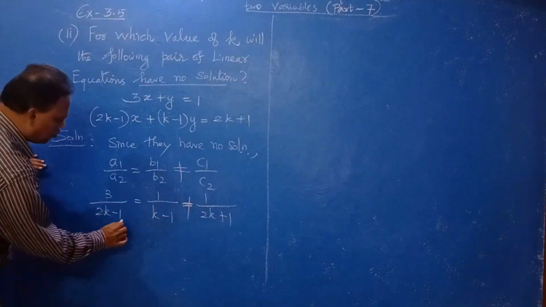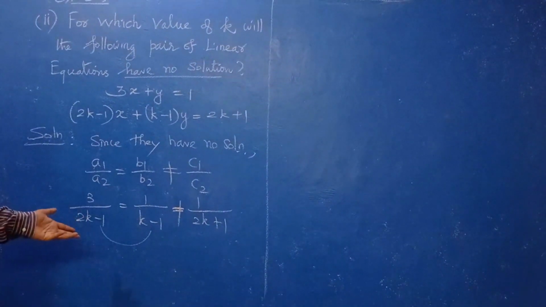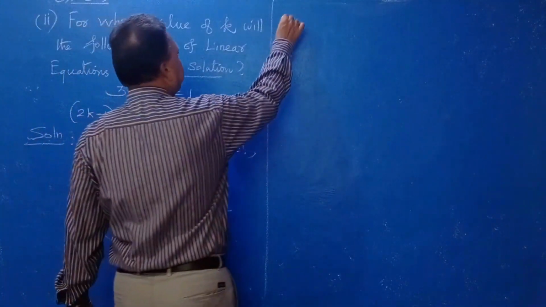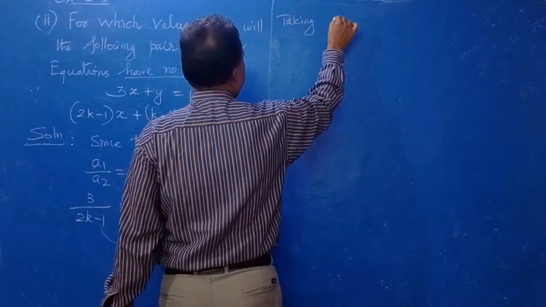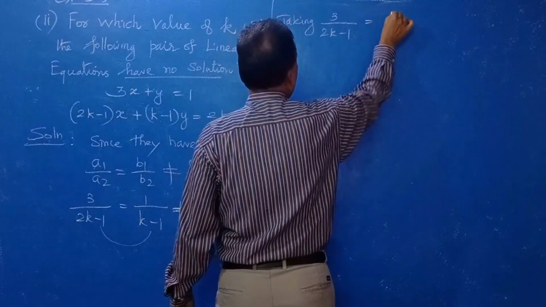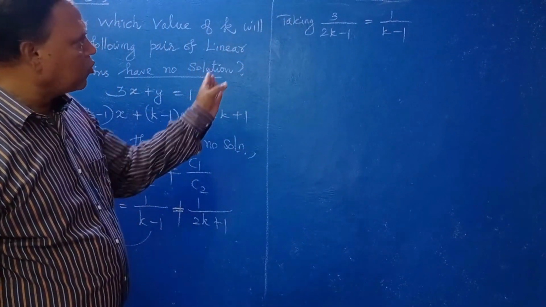First I am taking these two, and from these two you will get the k value. Taking 3 by 2k minus 1 equal to 1 by k minus 1, these two I am taking. Now you just cross multiply.